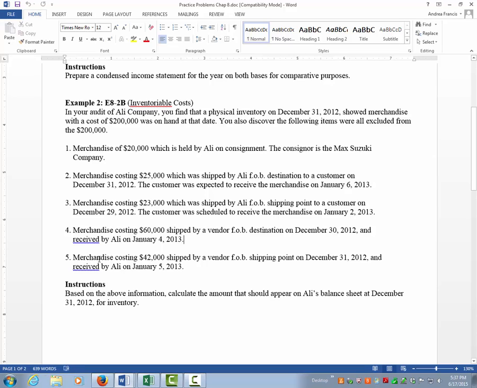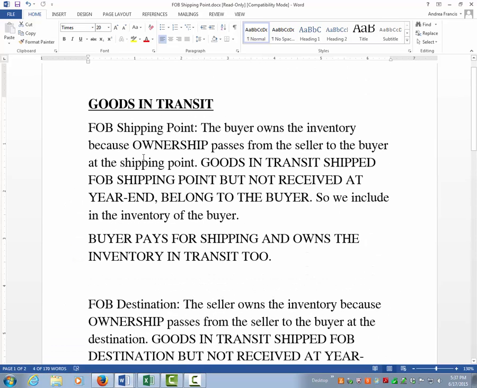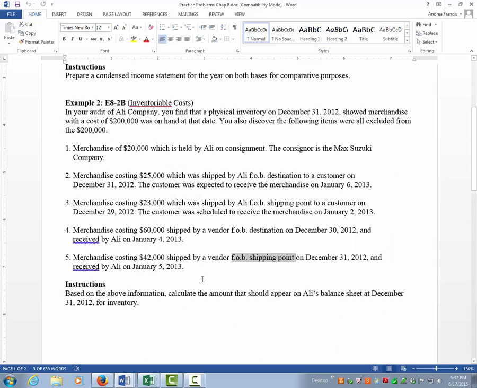The last one, number 5, merchandise costing 42,000 shipped by a vendor. So again, shipped by a vendor is telling us that Ali is the buyer. FOB shipping point on December 31st, 2012 and received by Ali on January 5th, 2013. So when we look at FOB shipping point, we have to go back to our theory and see, okay, FOB shipping point, the goods in transit belong to the buyer. Are we the buyer?